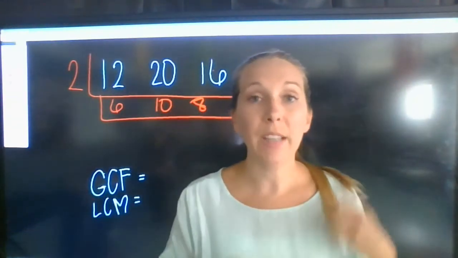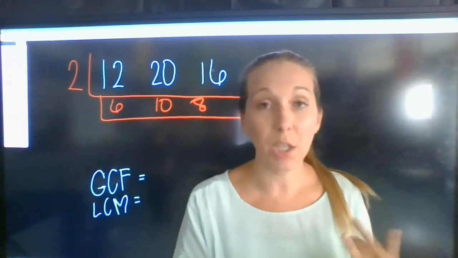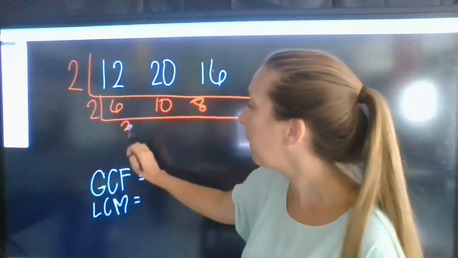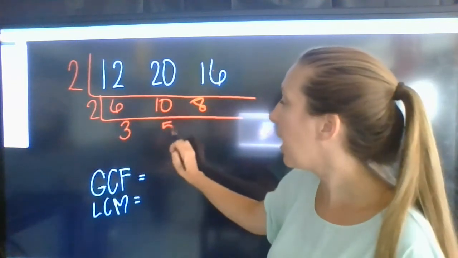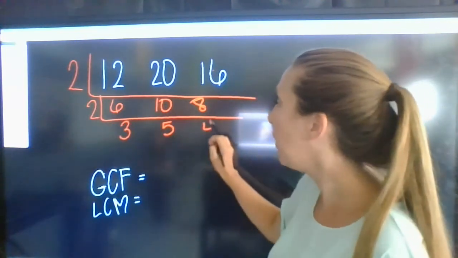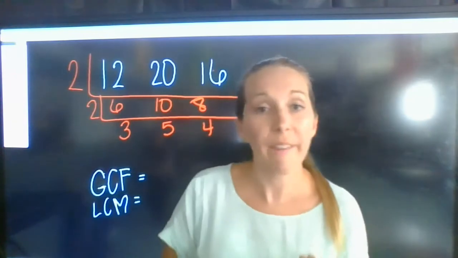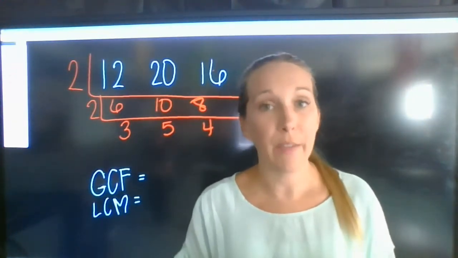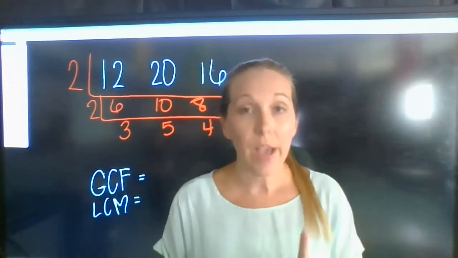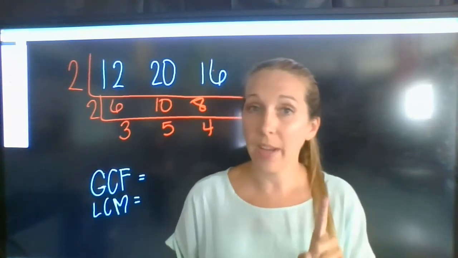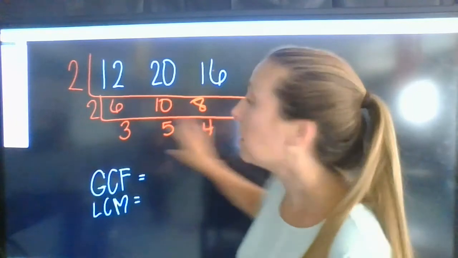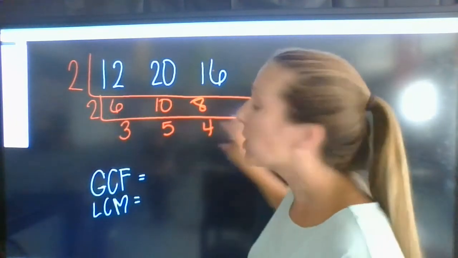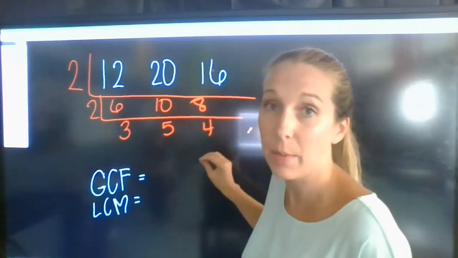We can go back to that first prime number, 2, and divide out again by 2. 6 divided by 2 is 3. 10 divided by 2 is 5, and 8 divided by 2 is 4. Now we have a 3, a 5, and a 4. Nothing else is in common between 3, 5, and 4 except the number 1. So since 1 is the only number they have in common, this is the lowest we're going to get. 4 is not prime, but it is the lowest factorization we're going to get from this set of numbers.